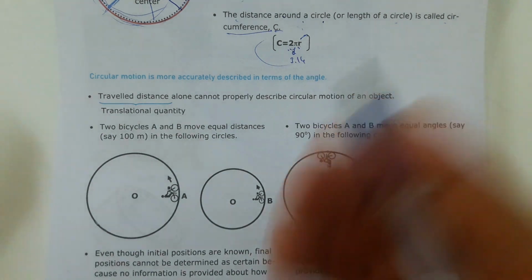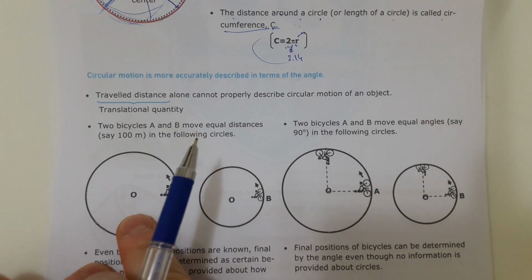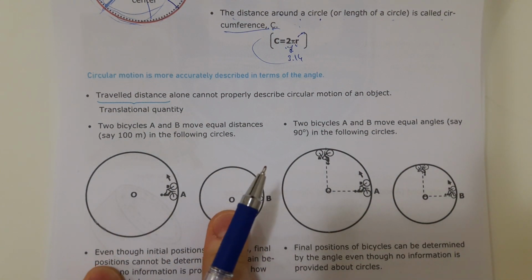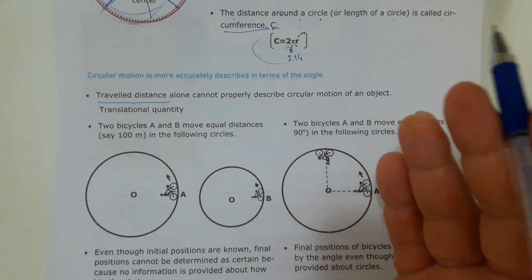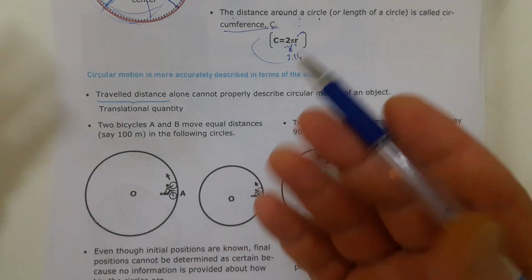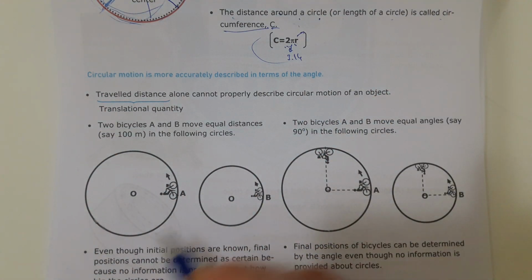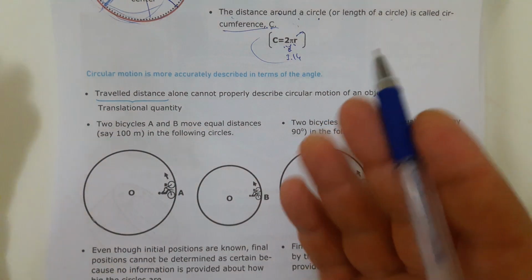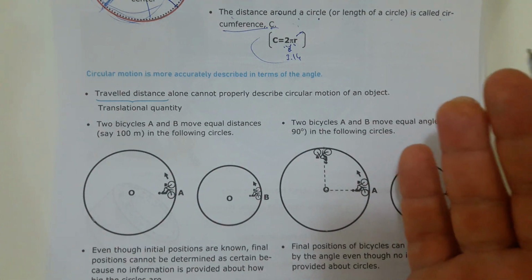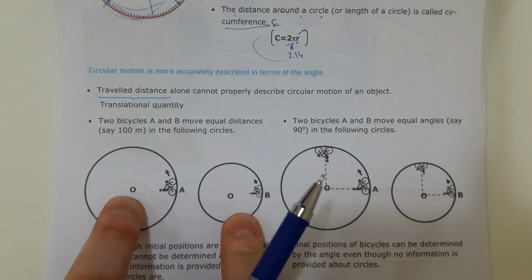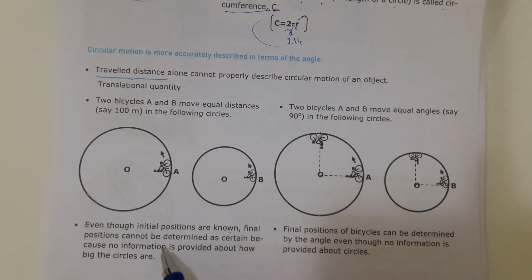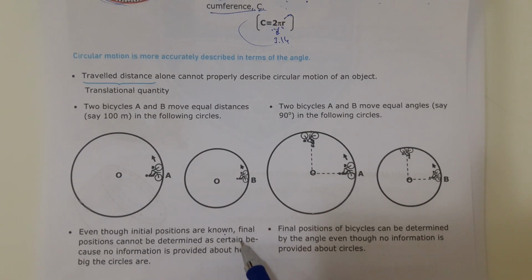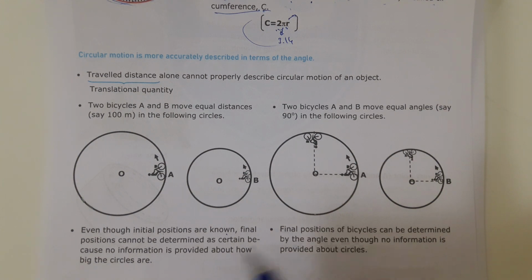Can you say that without knowing how big this circle is or how small that one is? We cannot find the exact final position of these two bicycles if we don't have enough information about how big or small the circles are. Even though the initial positions are known, the final positions cannot be determined with certainty.